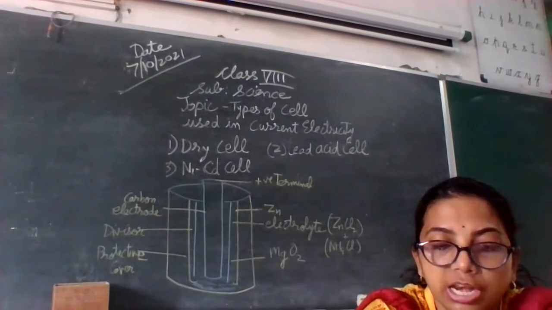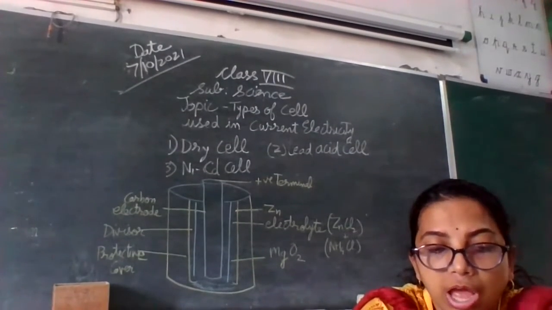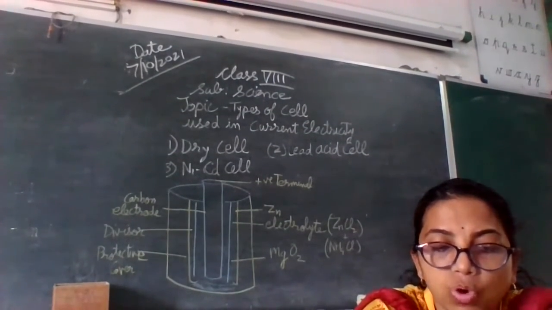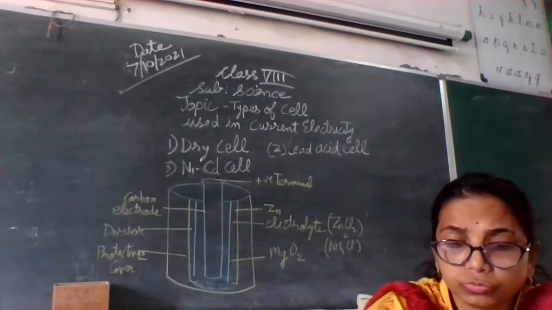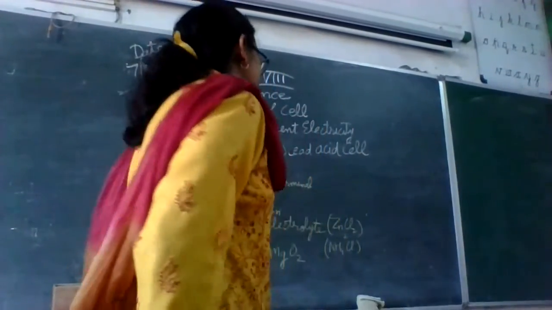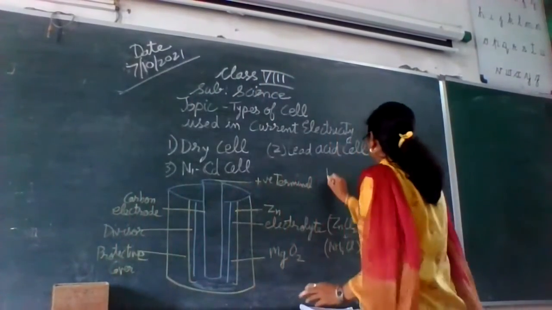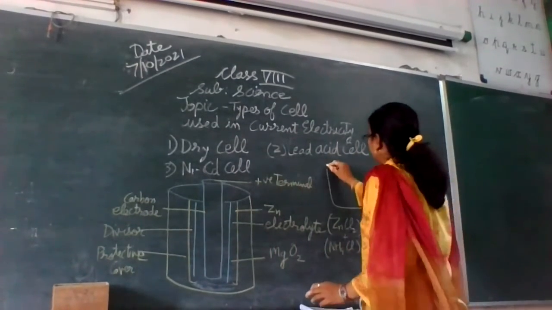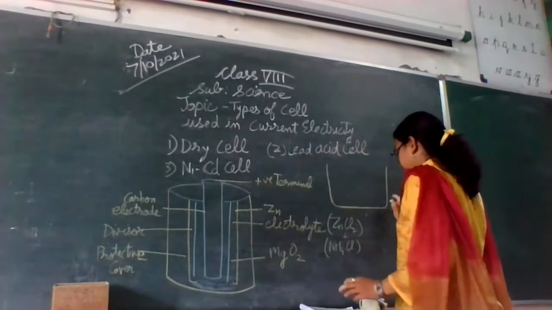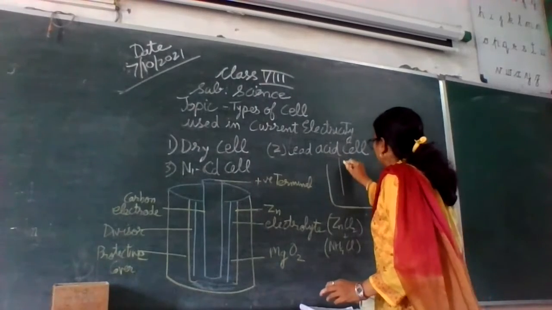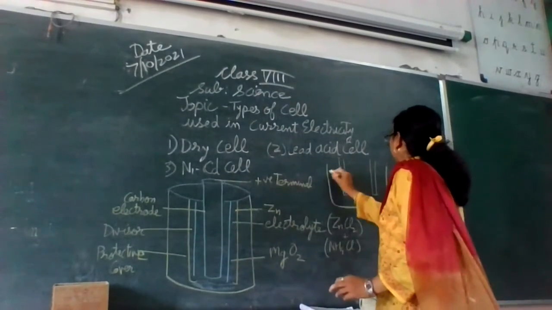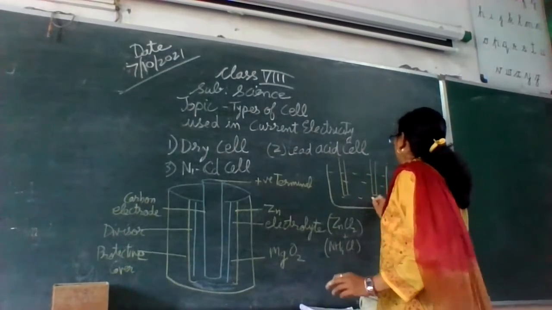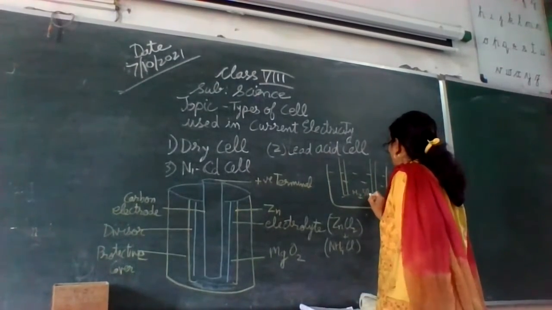The lead acid cell contains a lead electrode and a lead oxide electrode, and both are dipped in dilute sulfuric acid. So if you want to study the structure of the lead acid cell, here you see the setup is something like a trough in which the two electrodes are dipped, and this liquid is your H2SO4.